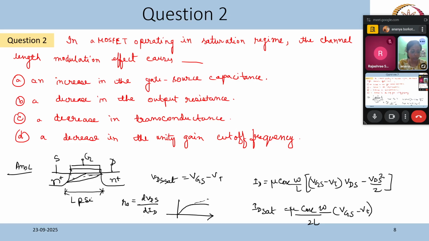But you can now see that there is a slight slope, so this is non-zero, and because of that our R0 will actually decrease. Consider this slope and this slope. So this is the effect of channel length modulation, because our channel length is actually decreasing.